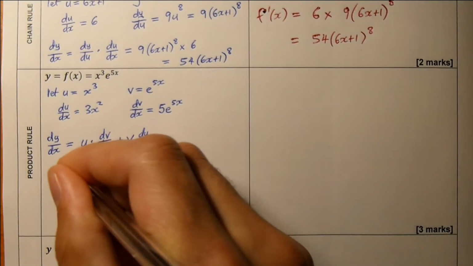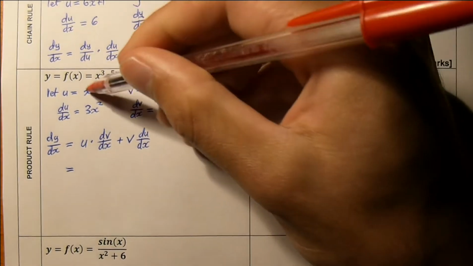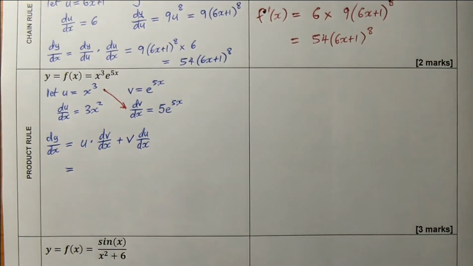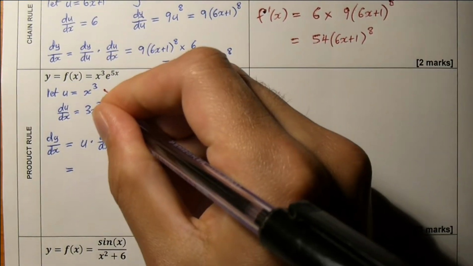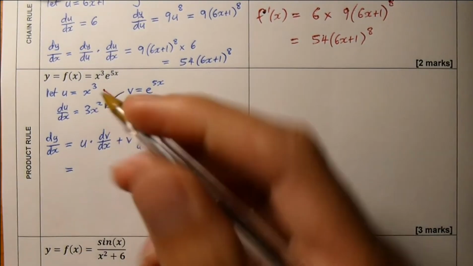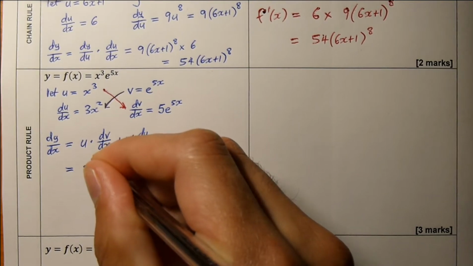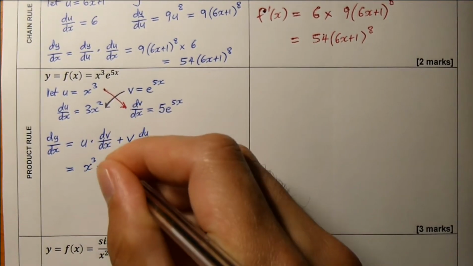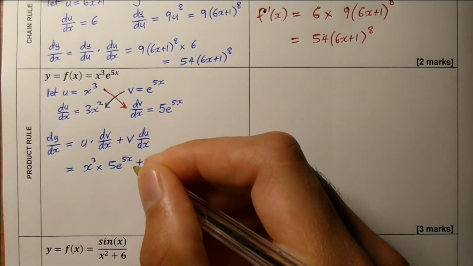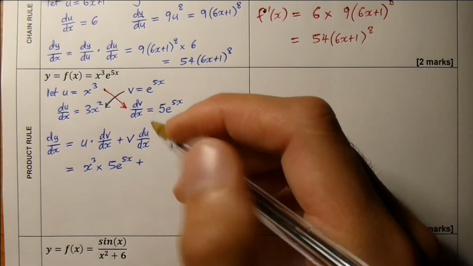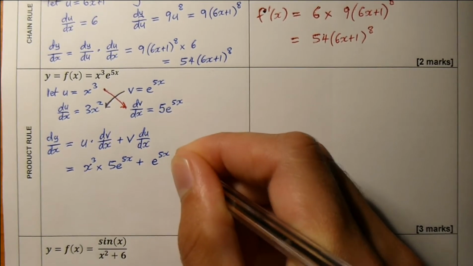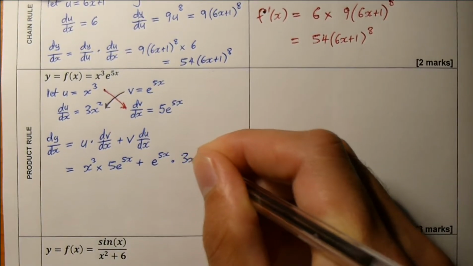Okay, now noting here, u times dv/dx and then v times du/dx, so it's a bit of a crisscross. So u is x cubed times dv/dx, 5e to the 5x, plus v, which is e to the 5x, times u, which is 3x squared.